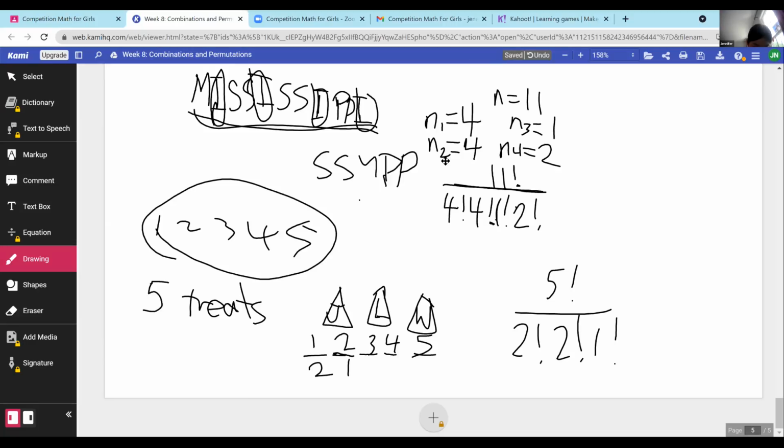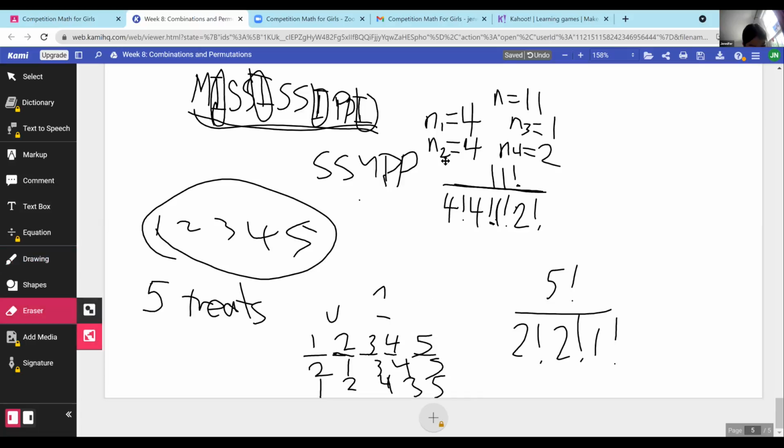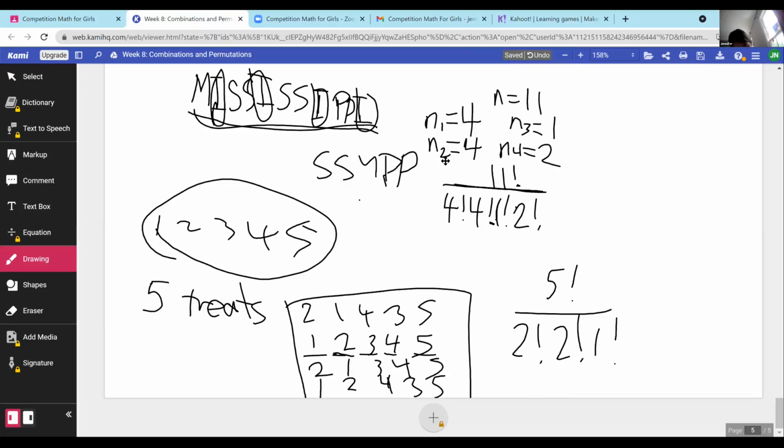So if we do 2, 1, 3, 4, 5, or 1, 2, 4, 3, 5, or even 2, 1, 4, 3, 5, that's all the same grouping, although there's 4 different ways. Because each of these pairs, we could permute in 2 factorial, or 2 ways. So that's why we divide by 2 factorial times 2 factorial.